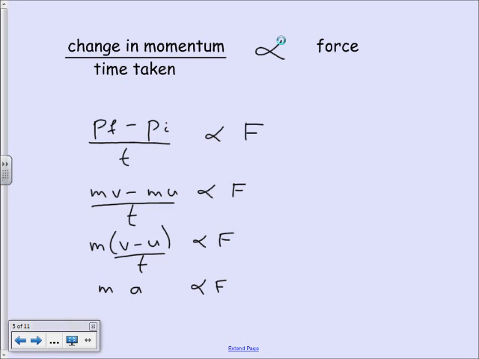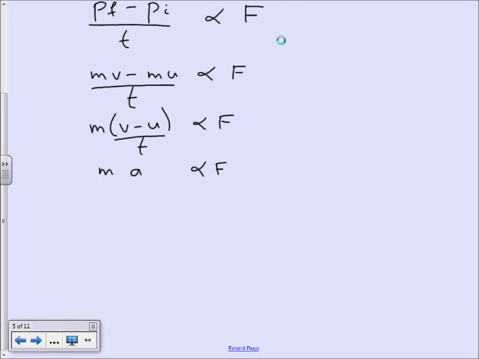And the only thing I'd say is that if we want to turn this into an equation, all we have to do is choose the appropriate SI units for force and mass and acceleration, and then we can put an equal sign into that instead of a statement of proportionality. So there's our familiar F equals ma, but it's based upon an initial statement that talks about rate of change of momentum. And of course, the units of force are going to be newtons, as we already know.